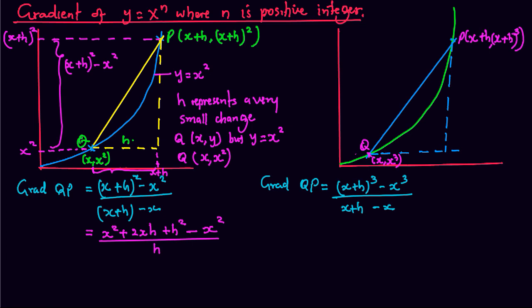We notice that x squared and x squared will cancel out, we remain with 2xh plus h squared over h.